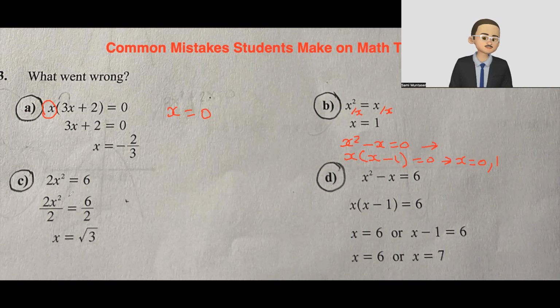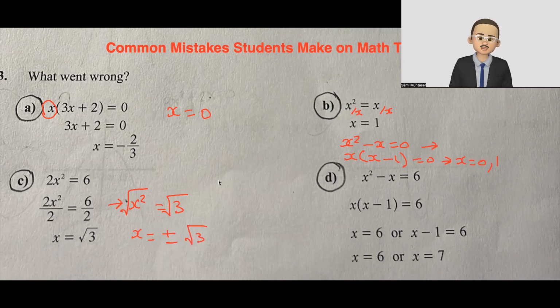How about here? Here it's solving for x when you have 2x squared equals 6. They divided both sides by 2. And what they did, after getting x squared equals 3, when they square rooted both sides, they forgot to write plus or minus root 3.